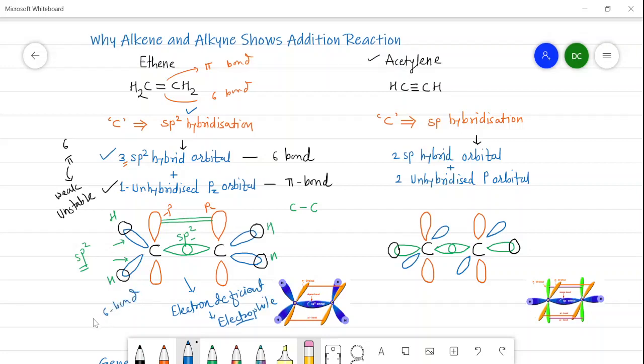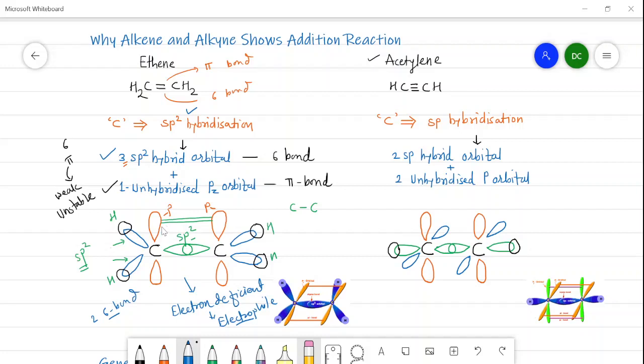How many sigma bonds? Two sigma bonds. So from instability, it goes towards stability by breaking the pi bond and forming new sigma bonds. This is called an electrophilic addition reaction of the alkene.